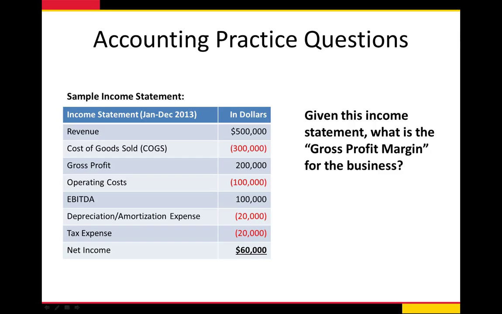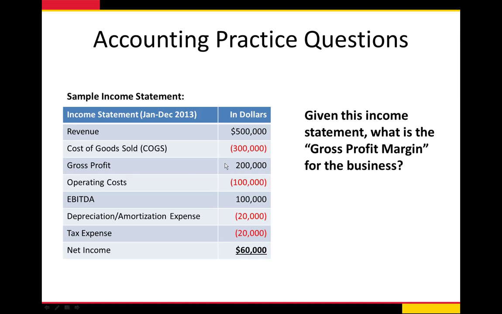So if I give you a sample income statement, can you identify a simple question like what is the gross profit margin for a business? Gross profit margin was an accounting ratio that we used. What did we use to calculate it? Here's a hint: in the income statement, there's an item called gross profit.